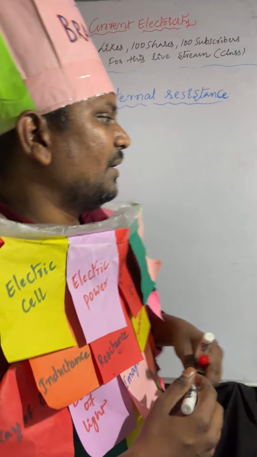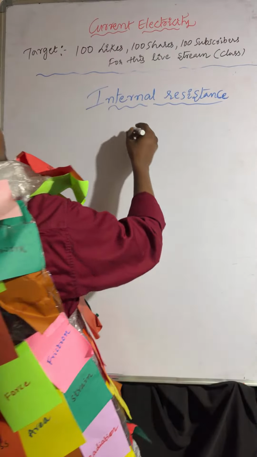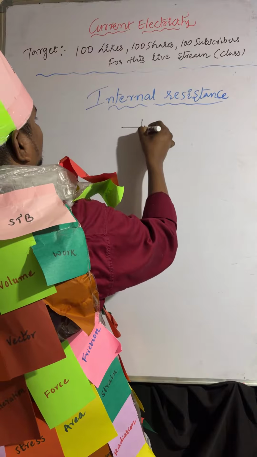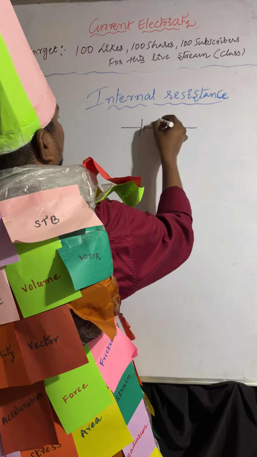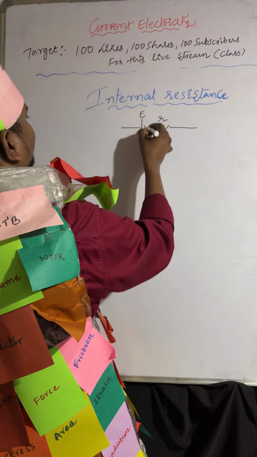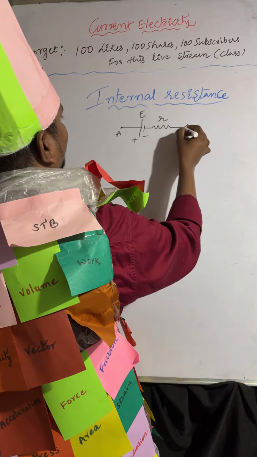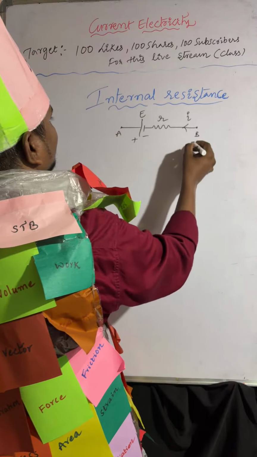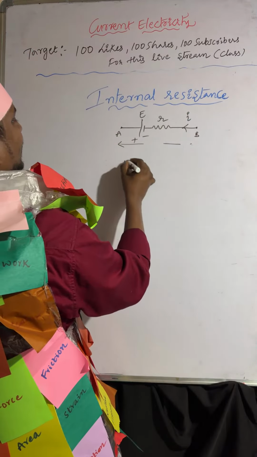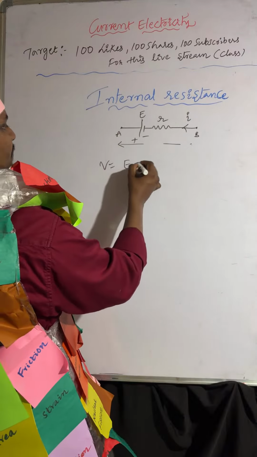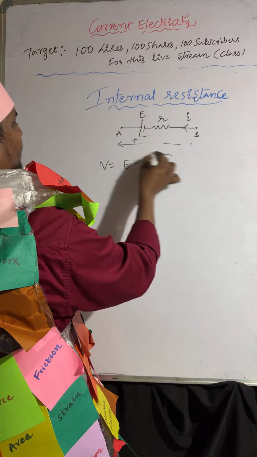So negative IR, right? This is the cell with internal resistance r, this is the EMF E, positive to negative, A, B. You are moving along the current direction, this is the path, then potential difference E equal to IR.